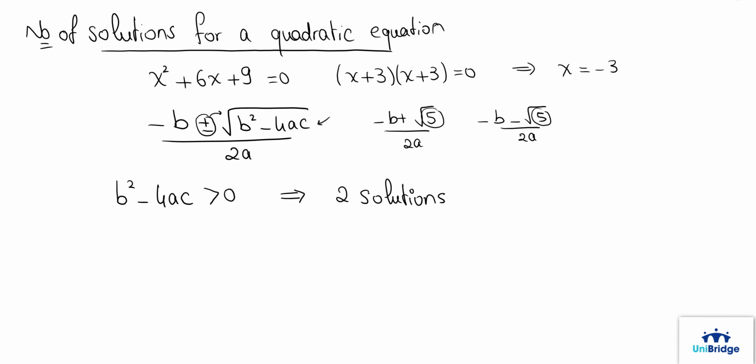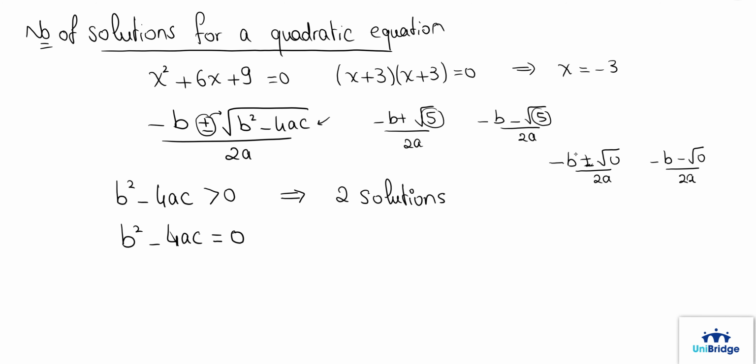But what if b squared minus 4ac happens to be exactly equal to 0? If whatever is under the root is exactly 0, you get negative b plus or minus root 0 over 2a.